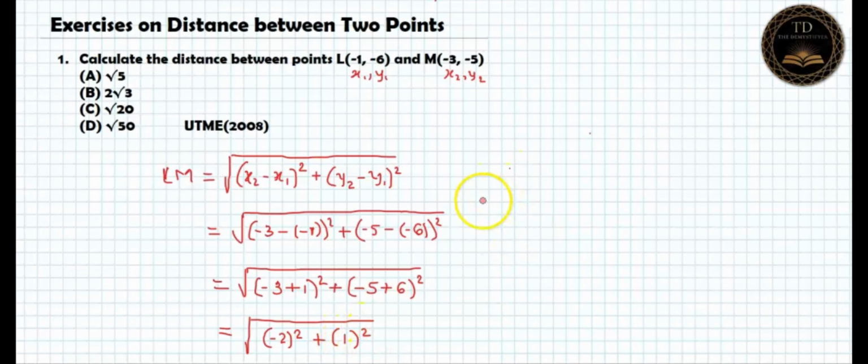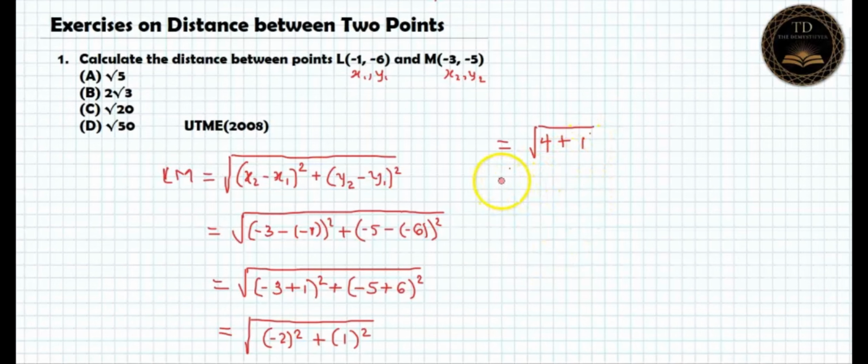Okay, I'll take this right up here, and this will now be equal to the square root of minus 2 squared is 4 plus 1 squared, of course, is 1.